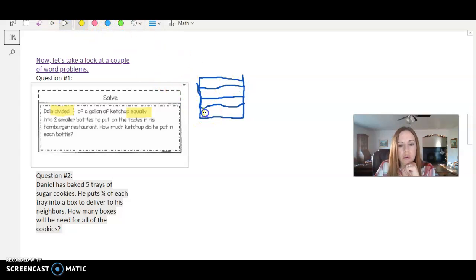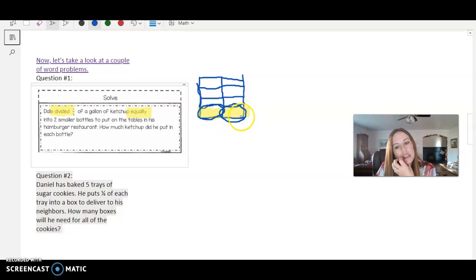So let's highlight our 1/4 that's left at the bottom. And he divides that equally into two smaller bottles. So if we were going to break up our 1/4 equally, let's go ahead and just divide it down the bottom. How much ketchup did he put in each bottle? So he put this much in one bottle and this much in the other bottle.